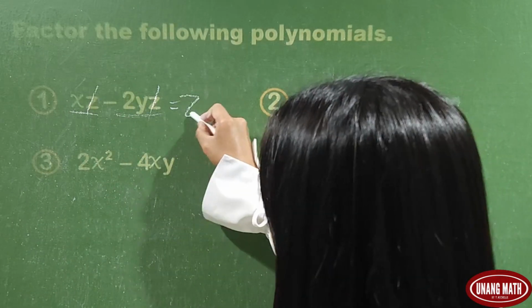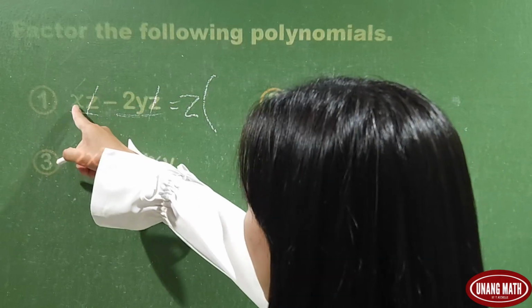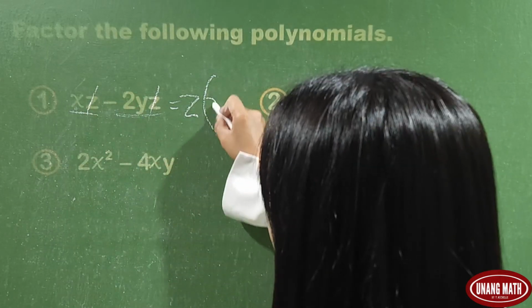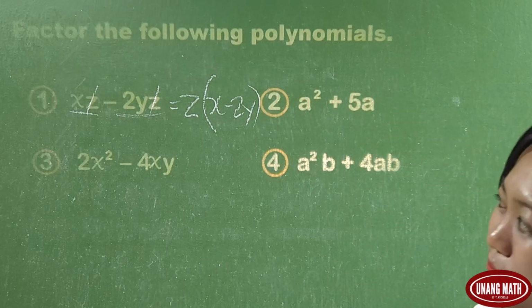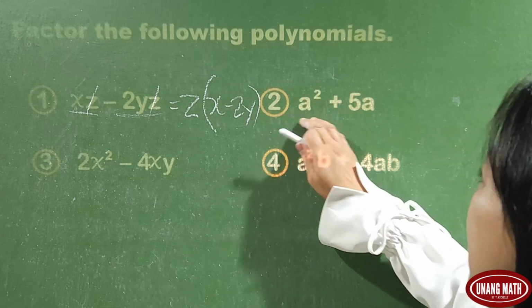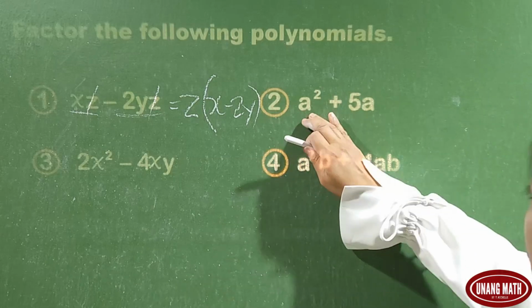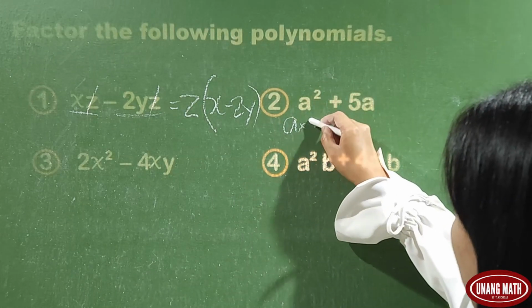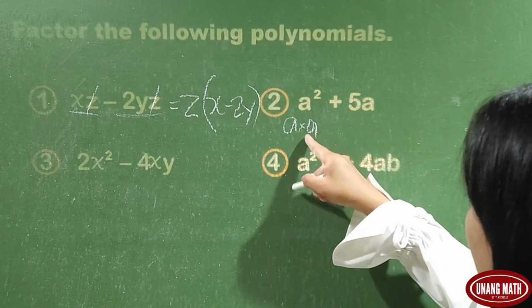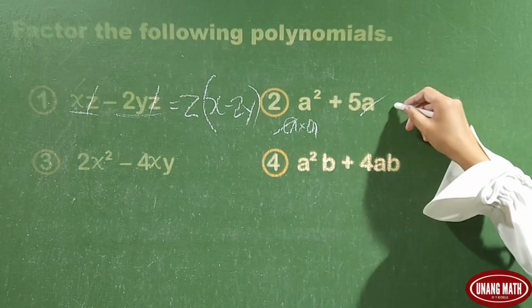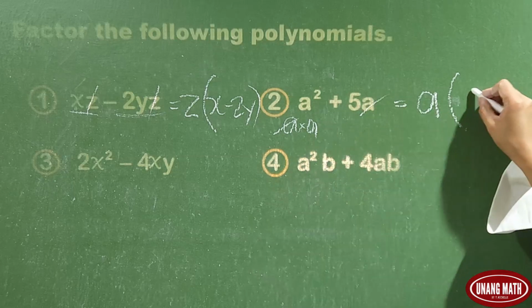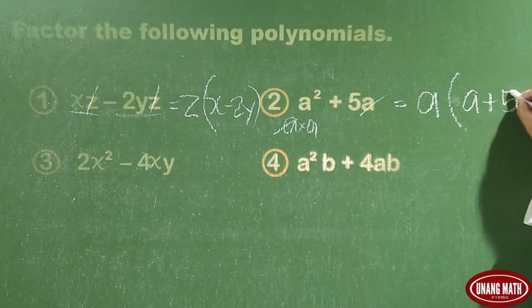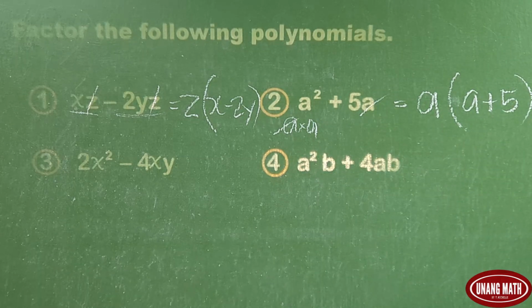So this is now z, and what's left is x minus 2y. What about the second polynomial? A squared, we know, is a times a. So the common factor here is a. So this is a, and we have a plus 5.